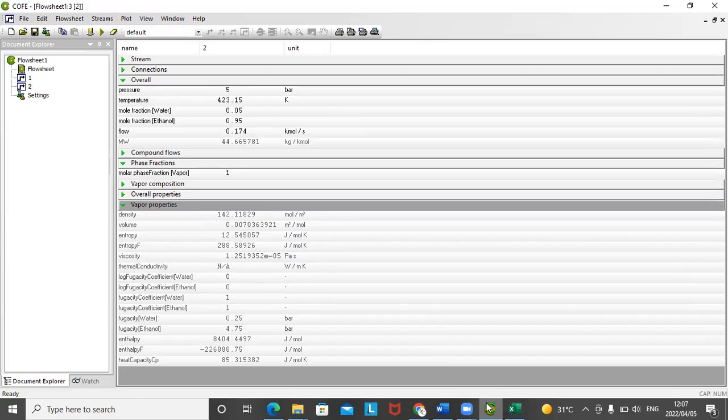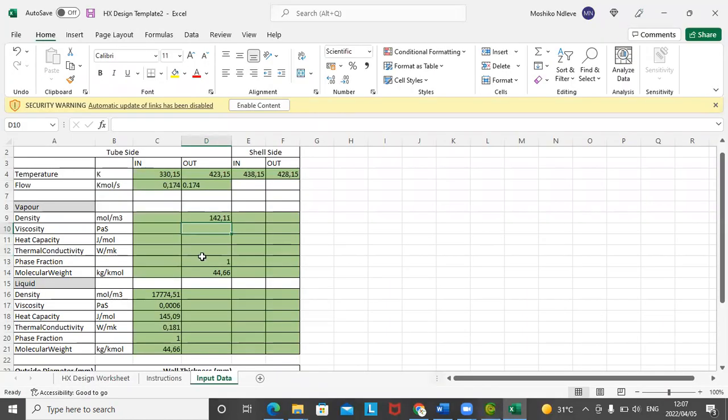Viscosity is 1.25 times 10 to the negative 5. I haven't set the equals.